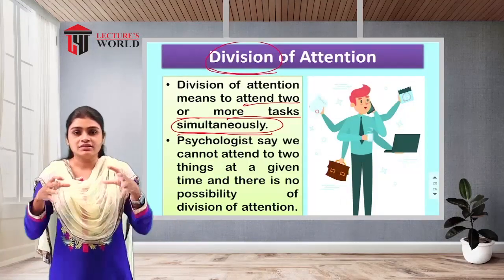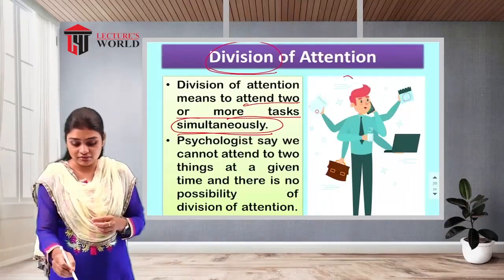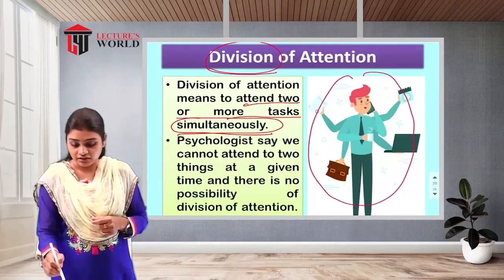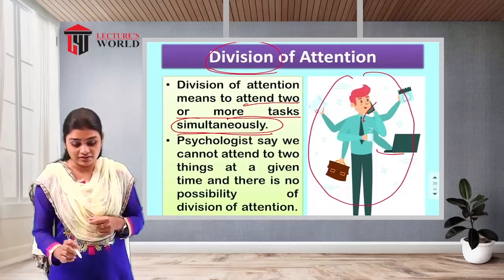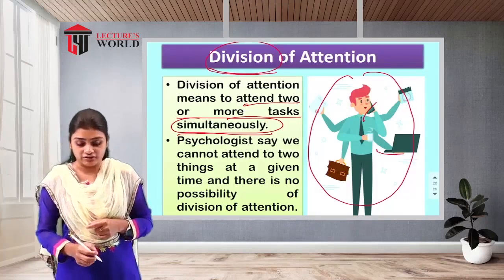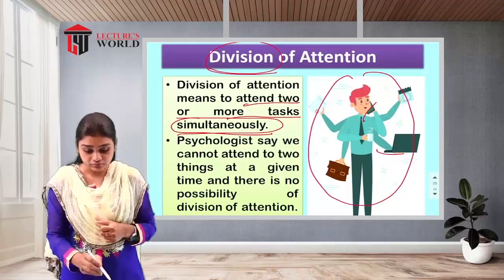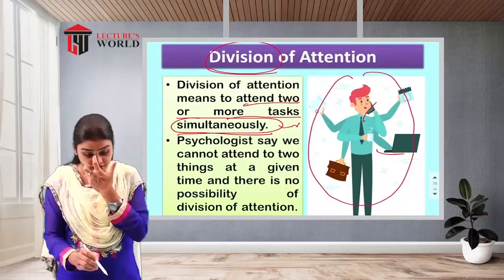You can see in this image, this man is doing so many activities at the same time: going through a job, working on a laptop, talking on a cell phone or doing other assignments. So that is division of attention, dividing our attention on more than two things at the same time.